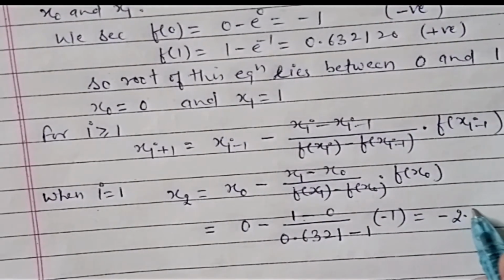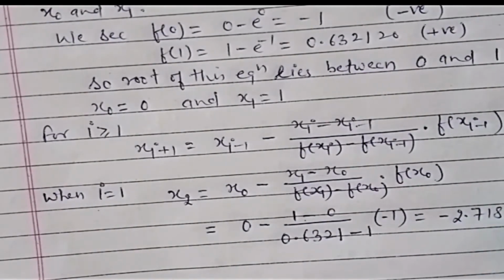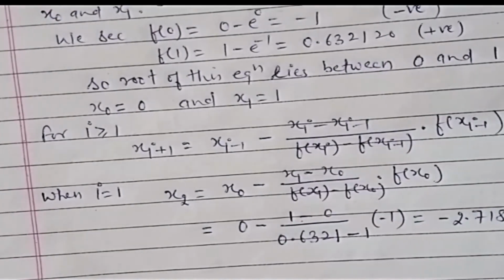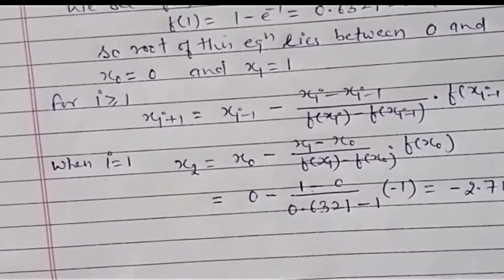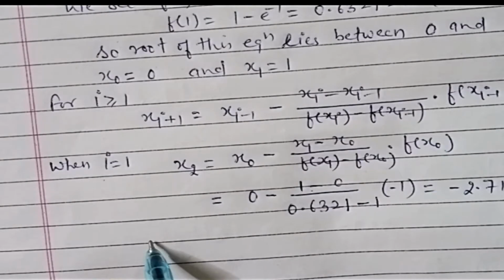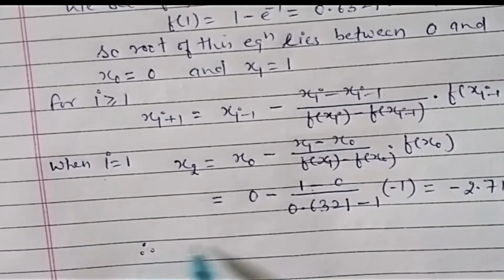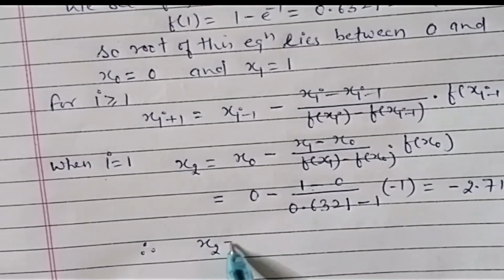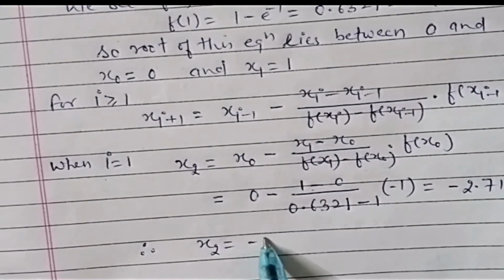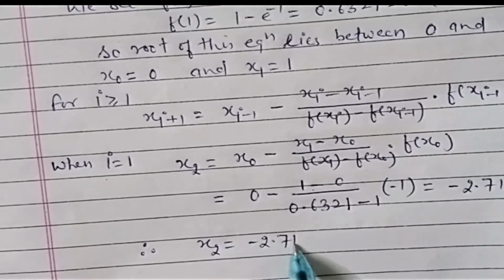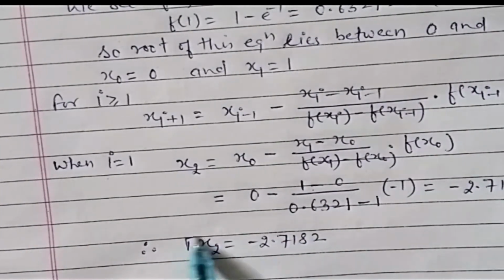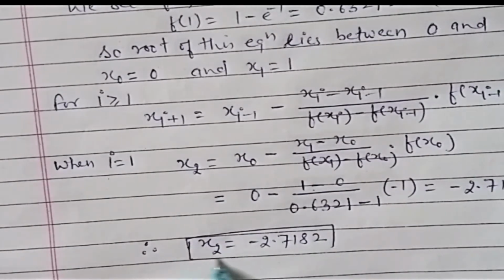That is equal to minus 2.7182. So therefore x2 is minus 2.7182.